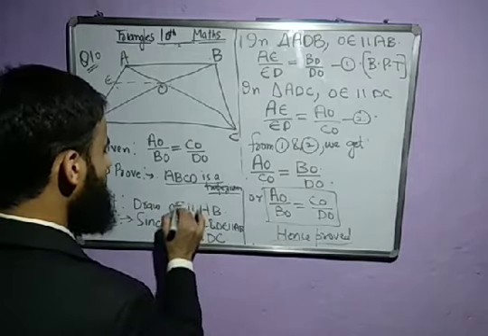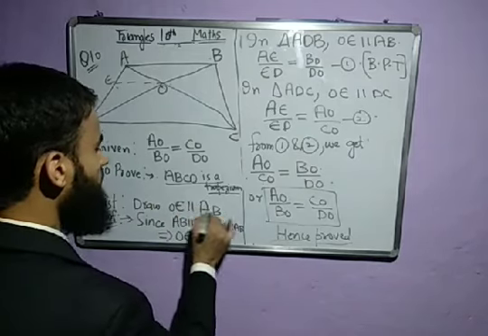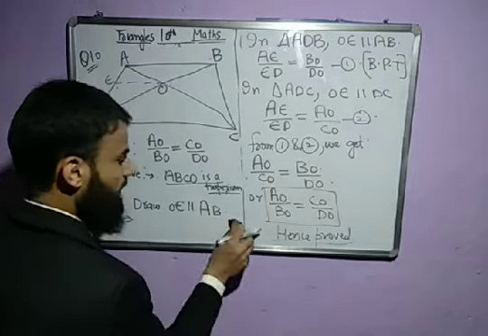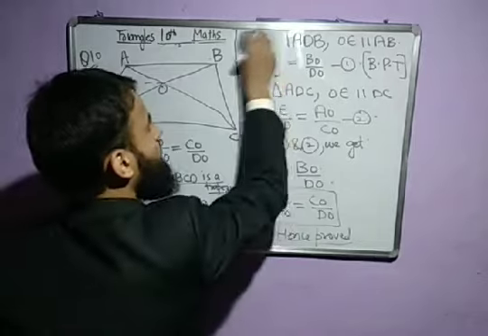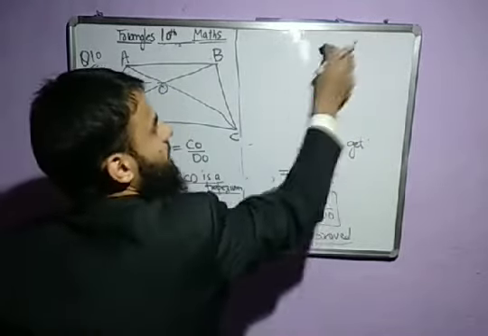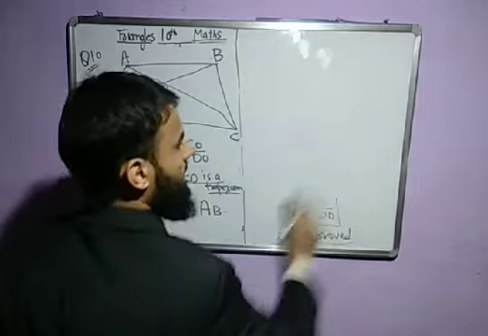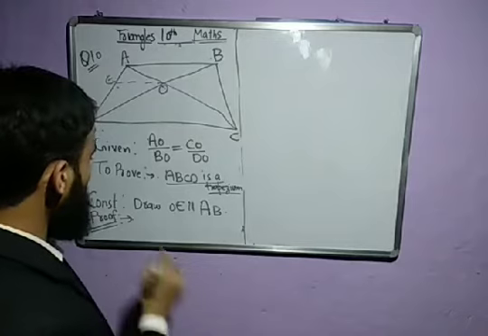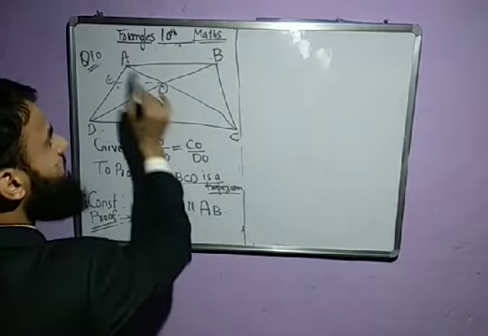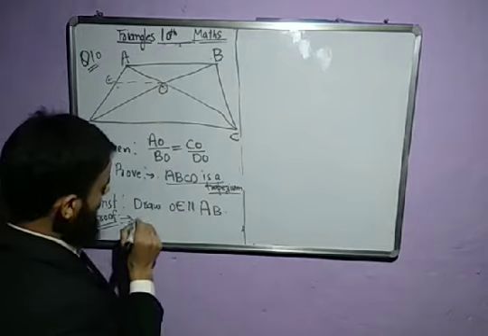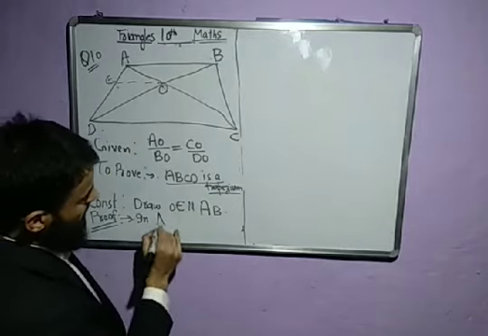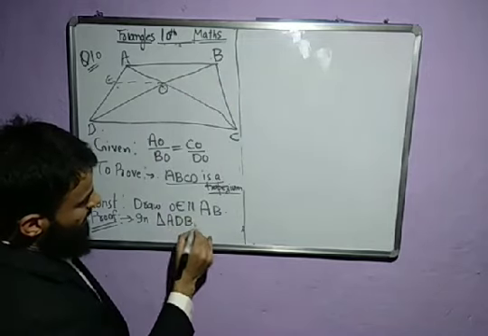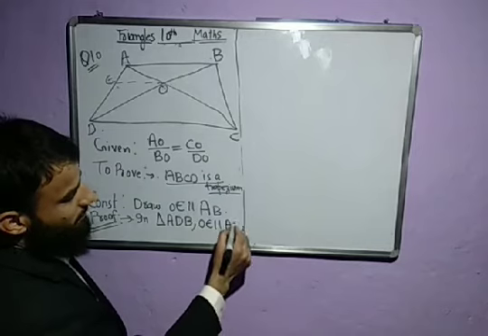Now we'll do the same construction for this question also. OE is parallel to AB. Now it will change, so I will erase it. Okay. So let us start our proof. Since OE is parallel to AB, in triangle ADB, OE is parallel to AB.